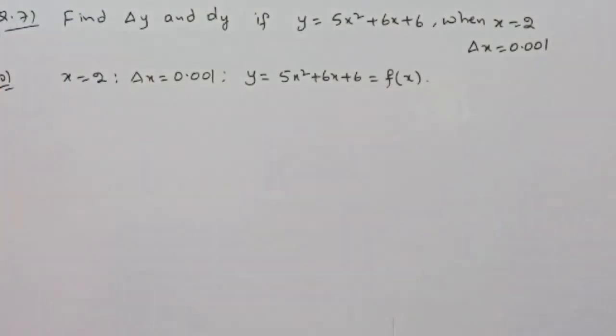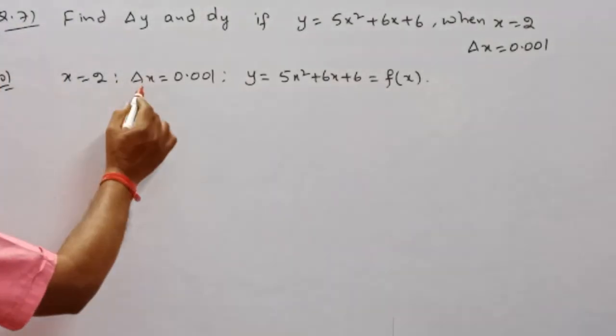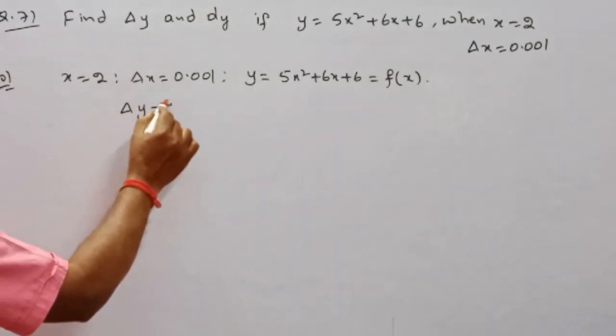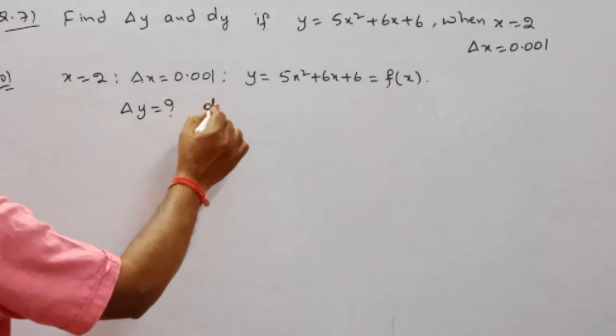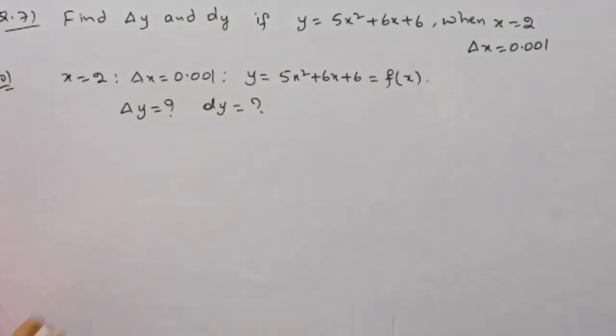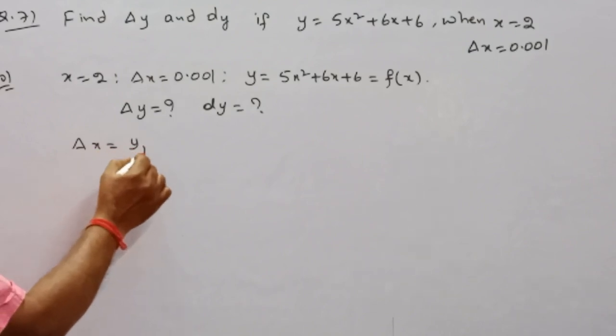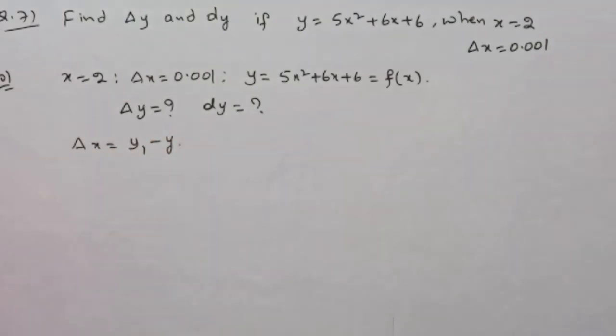Okay, all of you. Here we have to find delta y is equal to what, and dy is equal to what. Delta y is equal to y1 minus y.